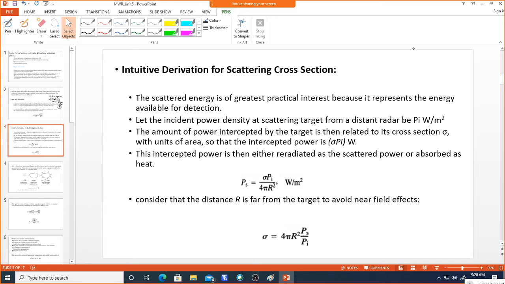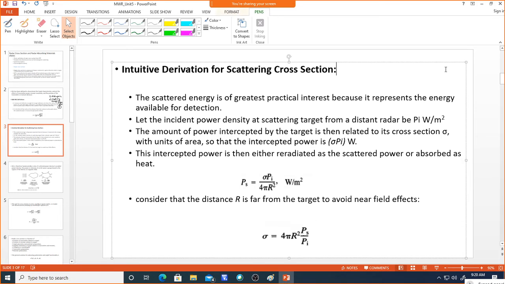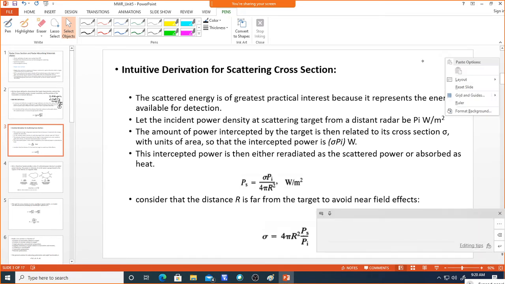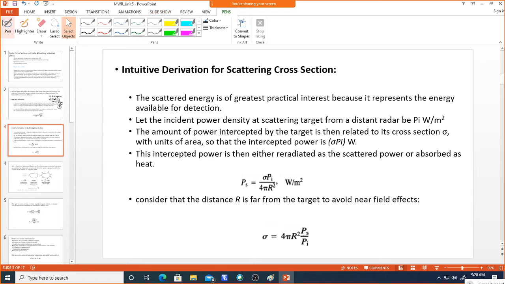Generally in normal usage we call it meter square, but in IEEE standards they use SM, square meter. So the units are represented in terms of SM.